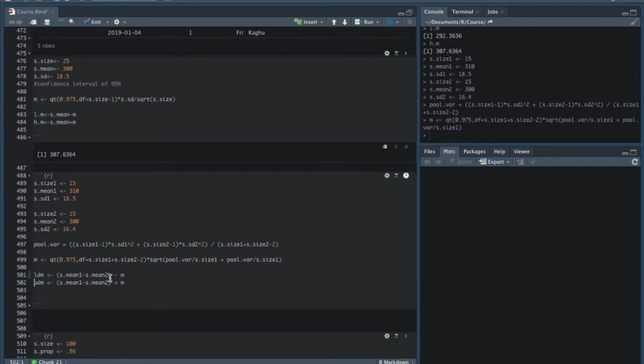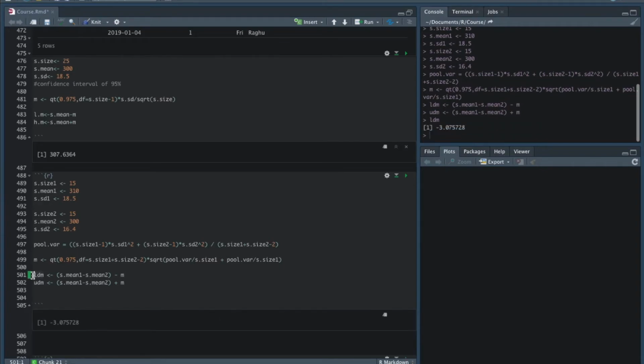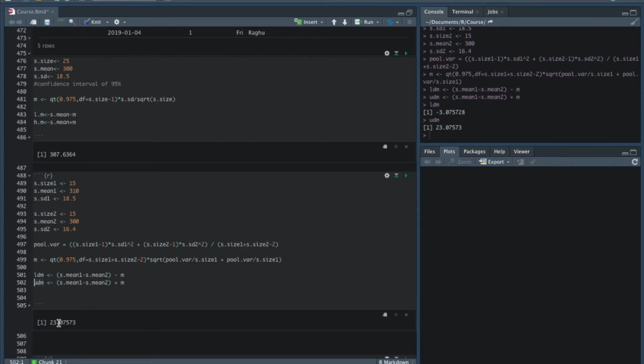We can run these to check that you can be 95% confident that the difference in means of these two will be somewhere between -3 and 23, again with a 95% confidence interval.